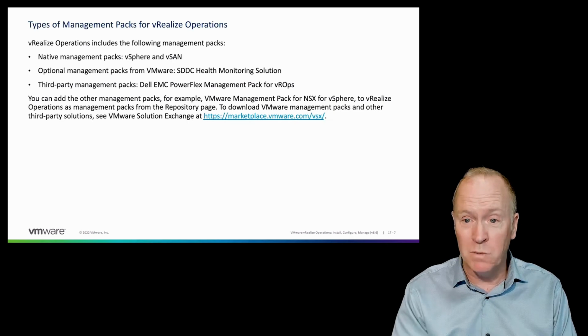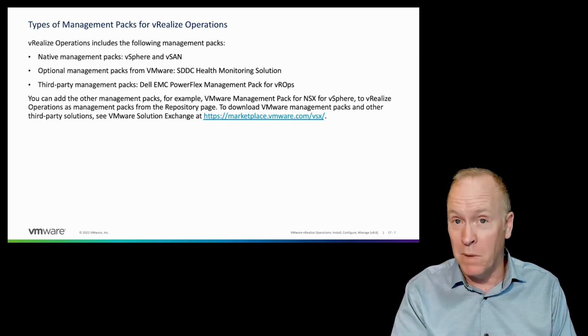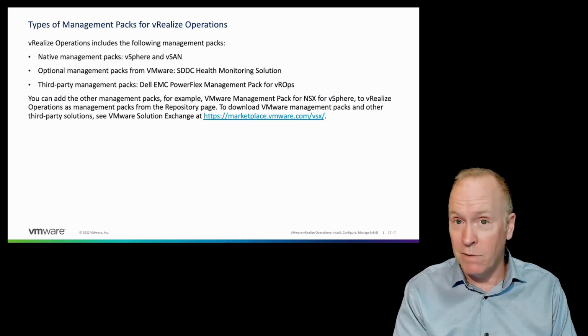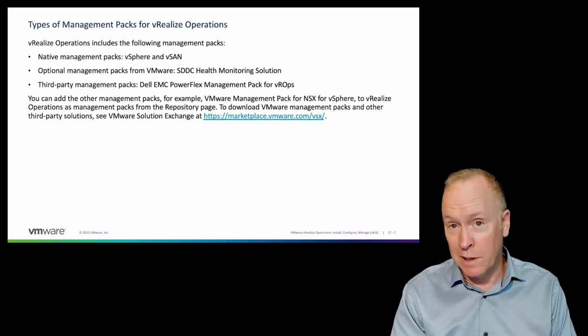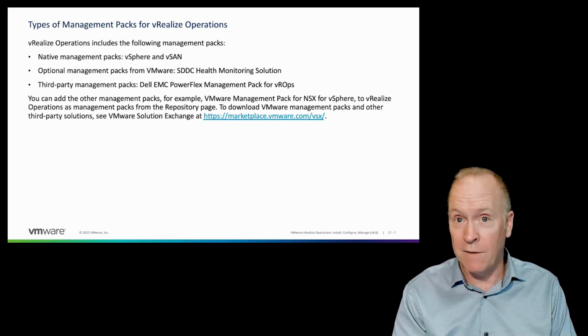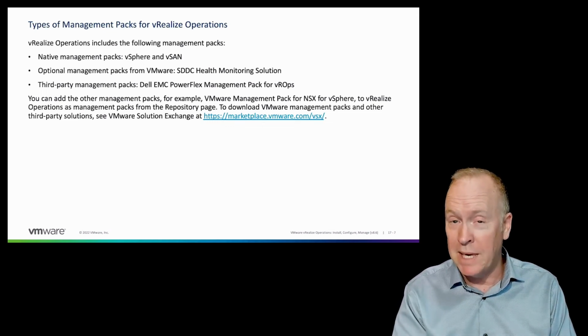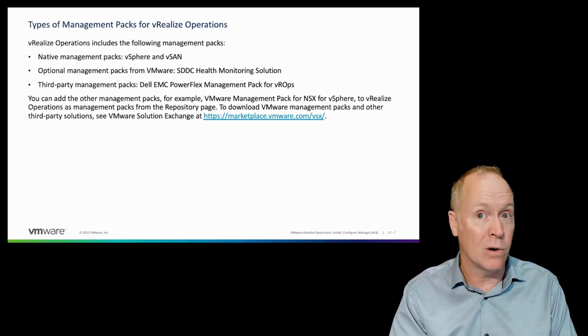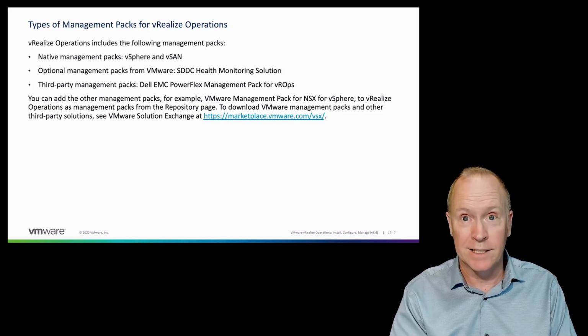But for our purposes right now, we're interested in the fact that the marketplace has management packs that you can download to install into vRealize Operations. When you download a management pack, it comes as a file called something.pak, and we will learn here shortly how to install those .pak files.